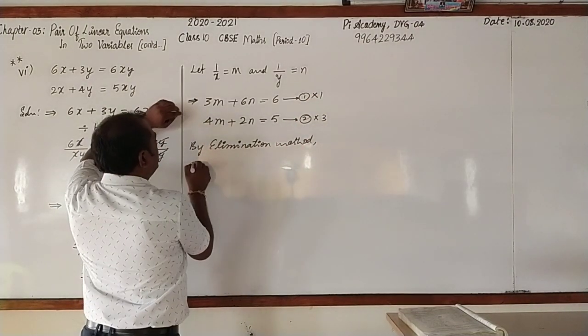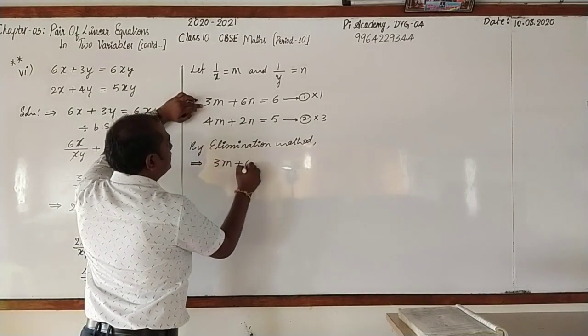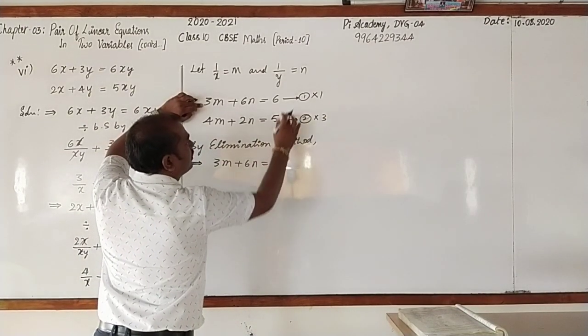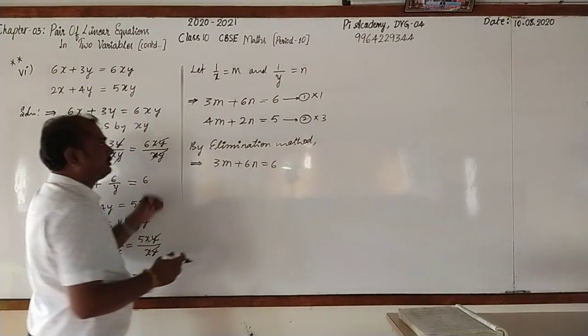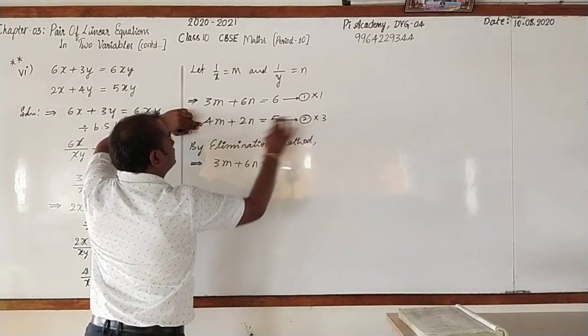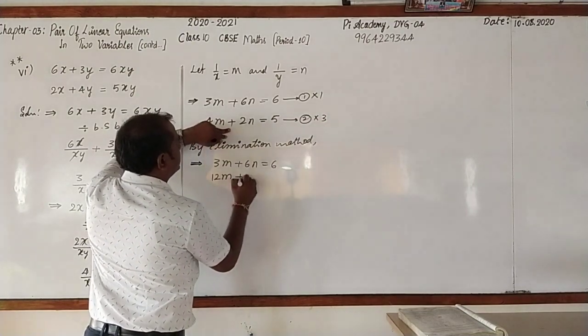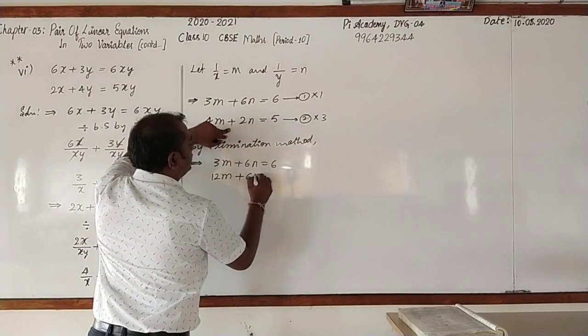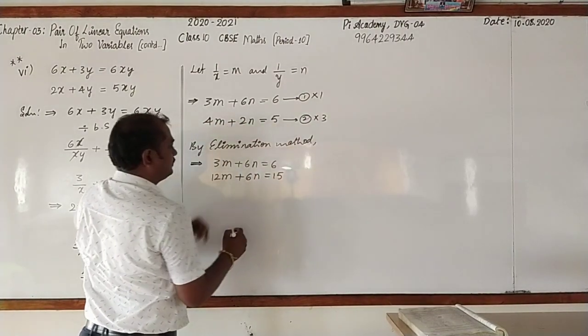However you want. Let me write the first equation. 3m plus 6n equal to 6. Because when you multiply any term by 1, you will get the same term. Next, second equation by 3. 4 3s are, it is 12. 12m plus 2 3s are, it is 6n is equal to 5 3s are, this is 15.